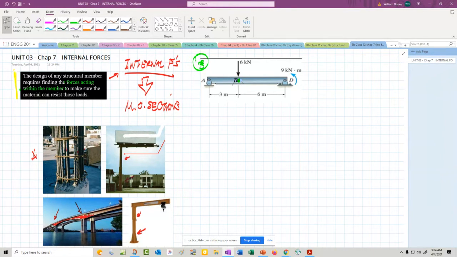So the first thing we want to do, before we pass a section through that, is find what's happening at the ends. So we're going to do a free body diagram of the entire structure. Okay, free body diagram of the entire structure.